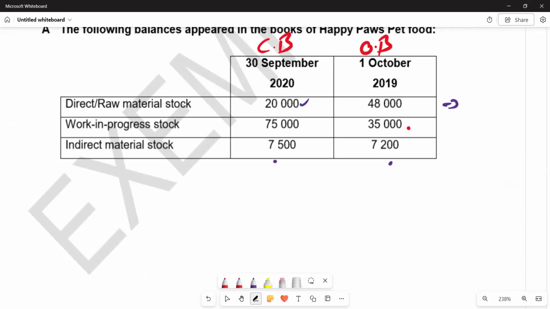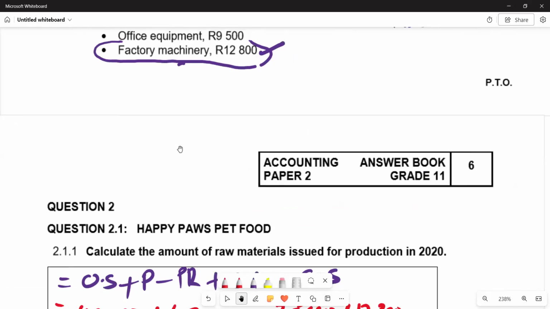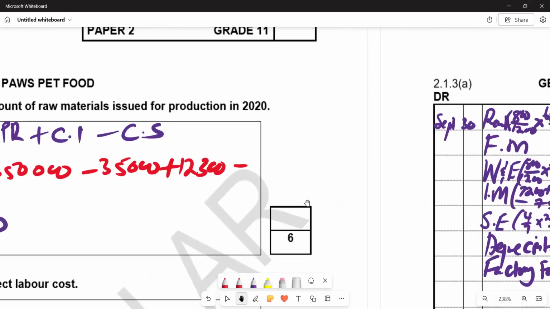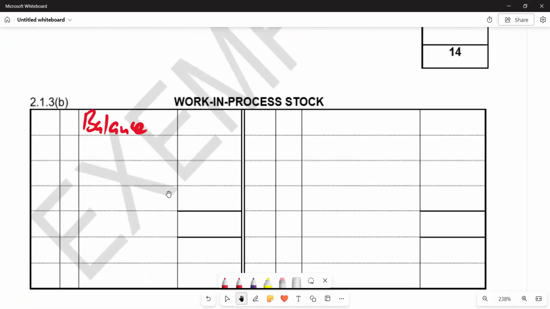So this one is the opening. So we're going to say 31,000 is our opening. Sorry, 35,000 is our opening. So we are using our 35,000. So this is the opening for work in process.